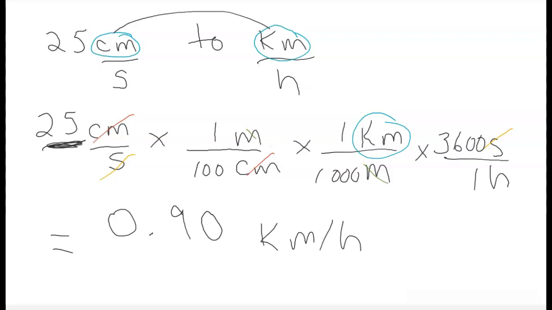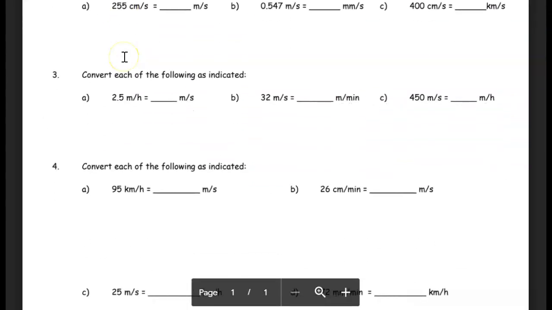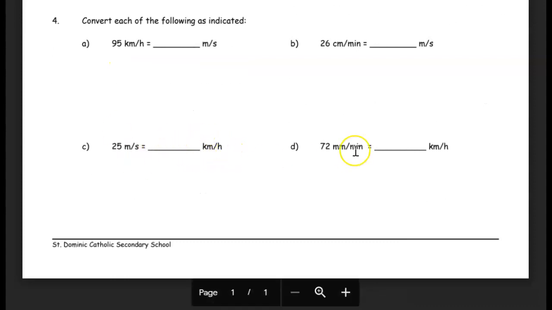Now that's about the hardest you're going to see this year in unit conversions, and when you look at our unit conversion worksheet, I think there's only a couple of them at the very end that are at that level, and I would consider that to be the hardest that you'll see at this grade level.